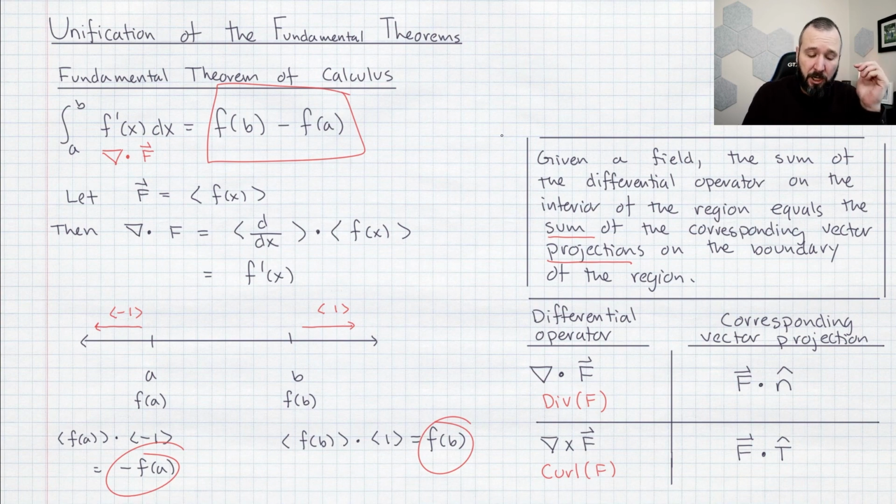And at the end of it, you arrive at this statement right here, which is a very general statement and predicts all of these different versions of the fundamental theorem of calculus. And it does correctly predict that thing you learned all the way back in Calc 1. So the fundamental theorem of calculus really is the one-dimensional version of the divergence theorem.